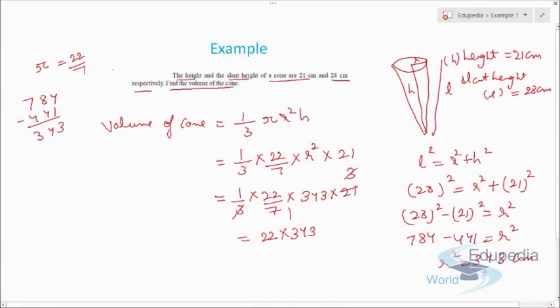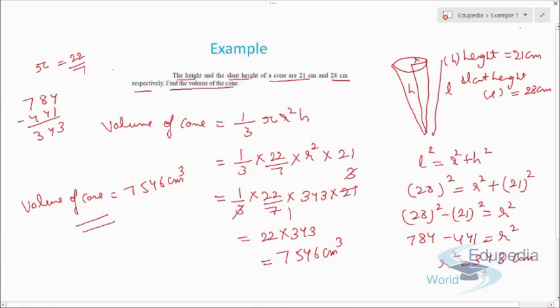If you calculate 22 times 343, this will come out to be 7,546 centimeter cube. So we can say that the volume of cone is 7,546 centimeter cube.